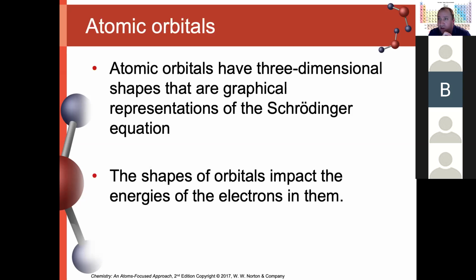And so for electrons, the more we know about the position of the electron, the less we know about where it's going. And the more we know about its momentum, the less we know about where it is. And so the Schrodinger equation and atomic orbitals say, well, we don't really care about where it is exactly. We just know it's going to be in this space.